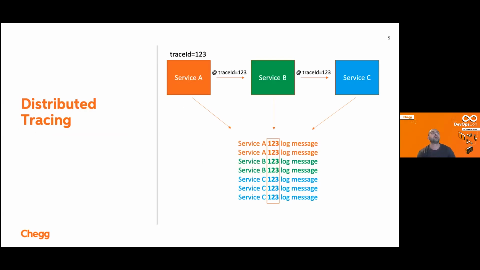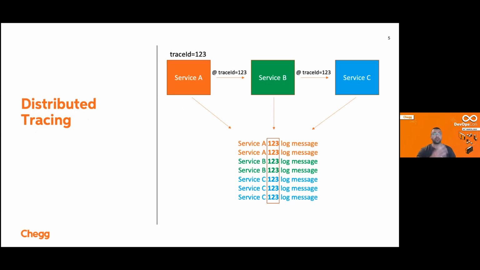But first, let's speak about distributed tracing in general. The problem that we are trying to solve is we want to query the logs of one, let's say, execution or one request across multiple microservices. So the solution for this is actually a trace ID.